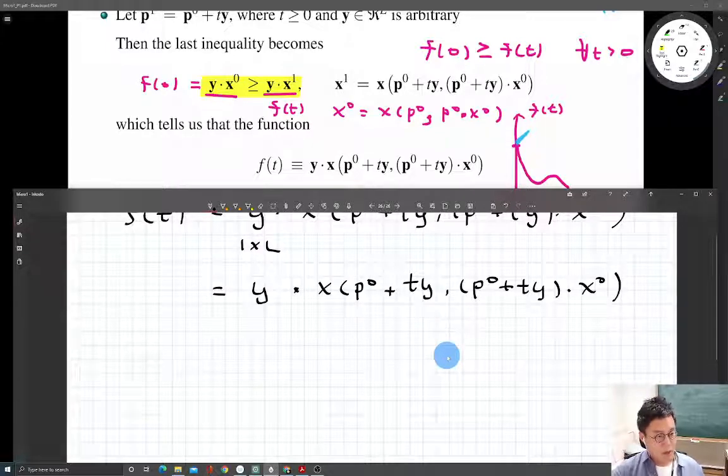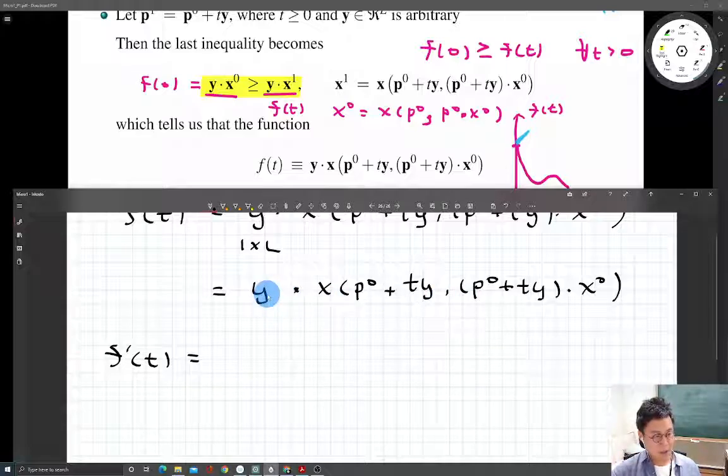And then let me take the derivative. Y is independent of t, so leave it alone. And then t appears in two different spots, in place of the price vector p and in place of w.